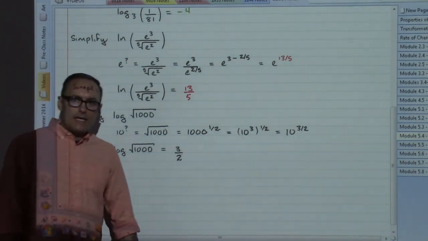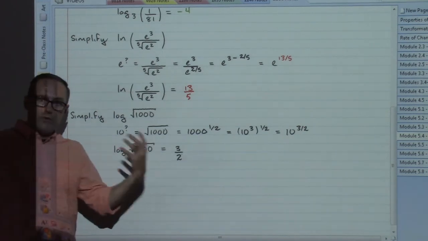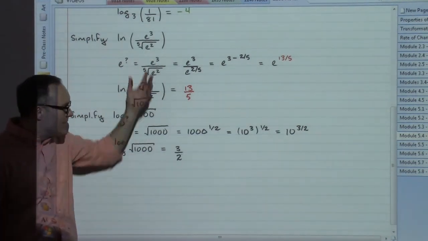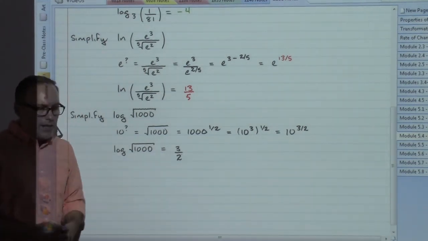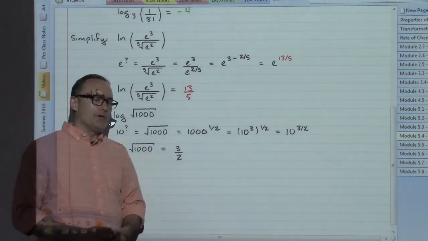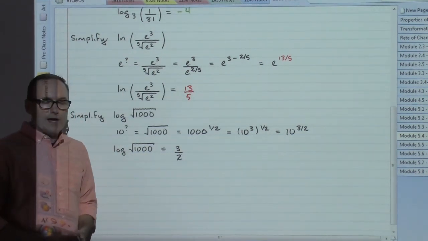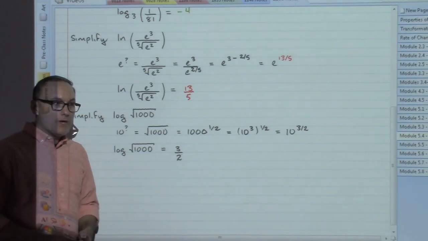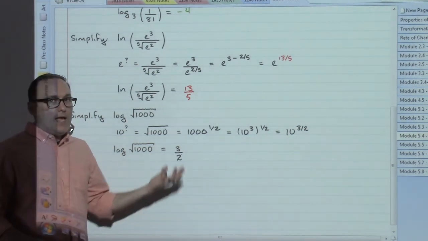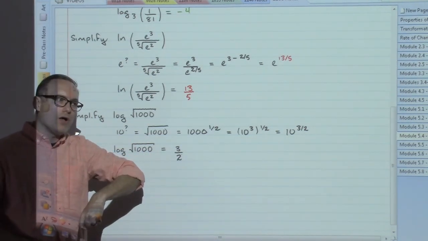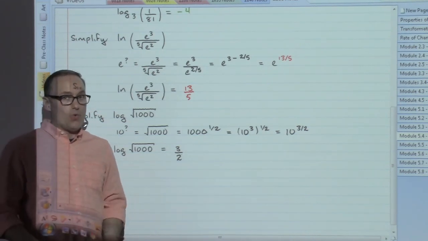So this is our basic idea. Logs are equal to powers, really trying to hammer away at that idea with these examples, as well as also kind of jog our memories a little bit with those rules for exponents that we might need, especially when we take this idea and revisit it later on when we have equations to solve.